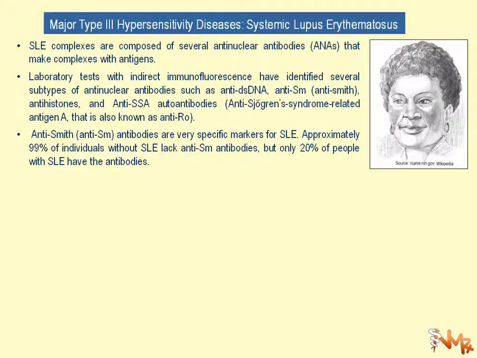Anti-Smith antibodies are a very specific marker for systemic lupus. Approximately 99% of individuals without SLE lack anti-Smith antibodies, but only 20% of people with SLE have these antibodies.